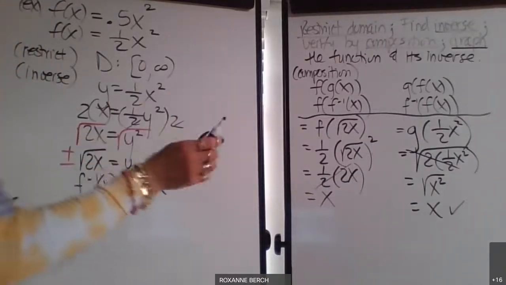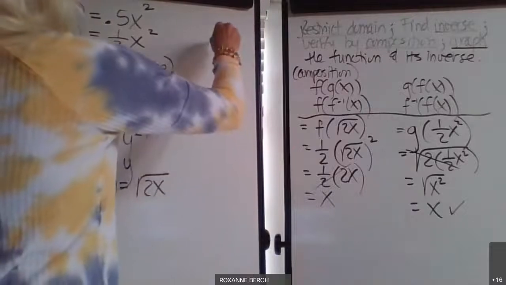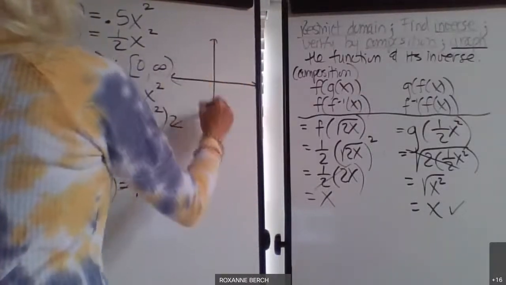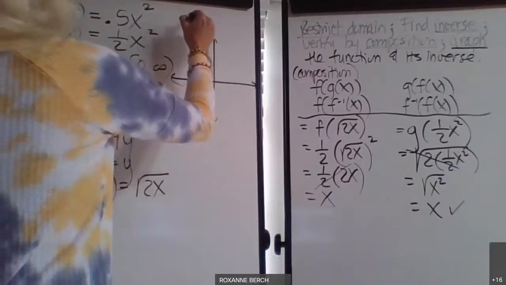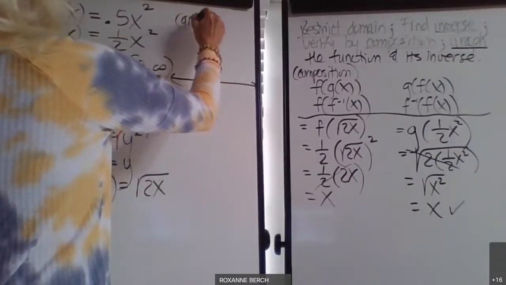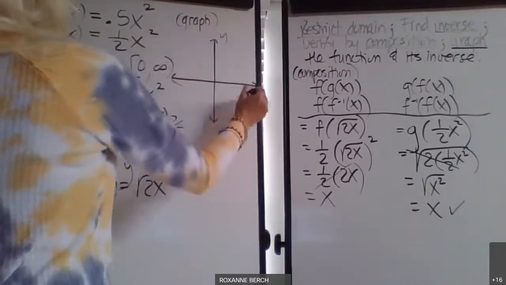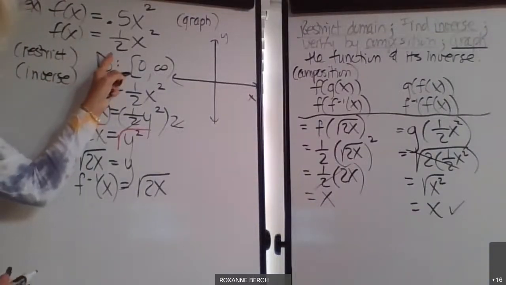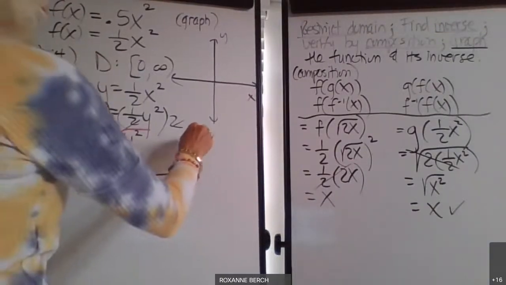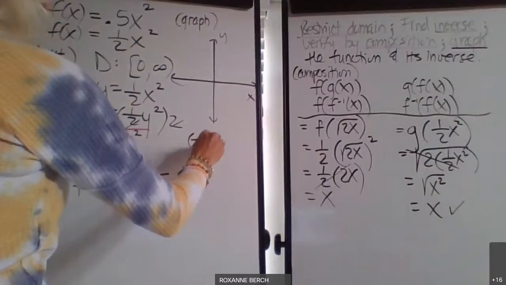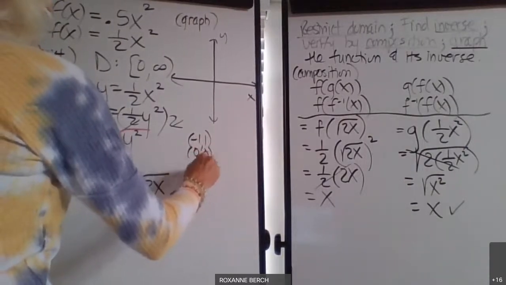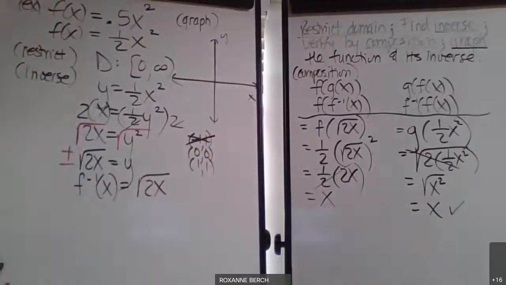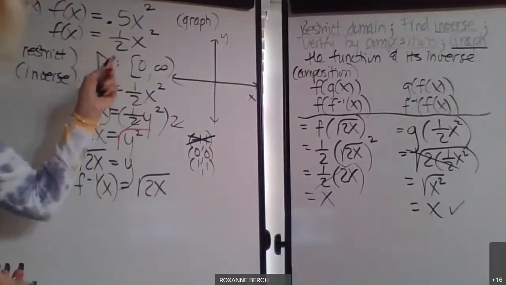All right. Well, when we do the graph, we're going to do a transformation of the quadratic. So we have left one, up one, 0, 0, right one, up one. But we're not using left one, up one because we restricted the domain.